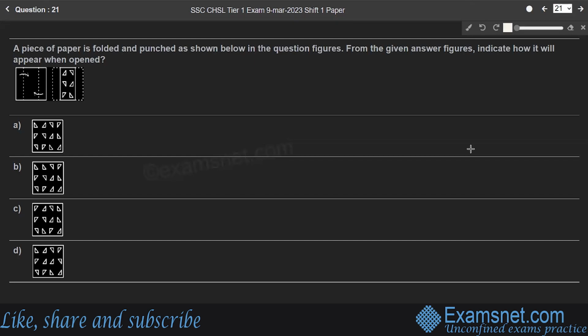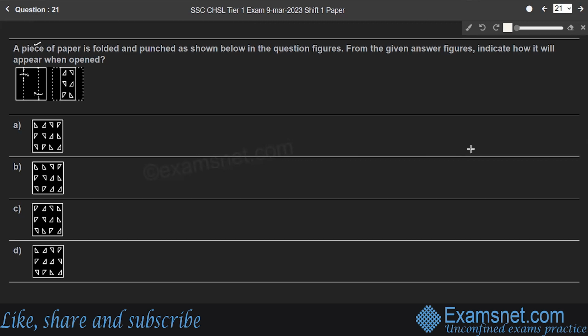Question 21. A piece of paper is folded and punched as shown below in the question figures. From the given answer figures, indicate how it will appear when opened. Here, a piece of paper is folded along the dotted lines. Two dotted lines are given. Along the lines, a piece of paper is folded on either side, and it is punched like this.